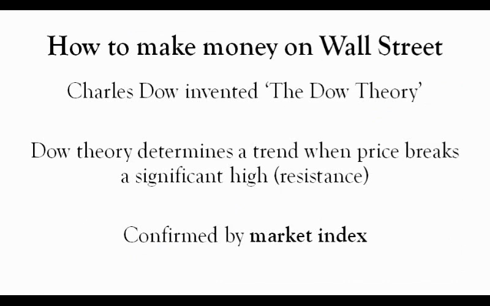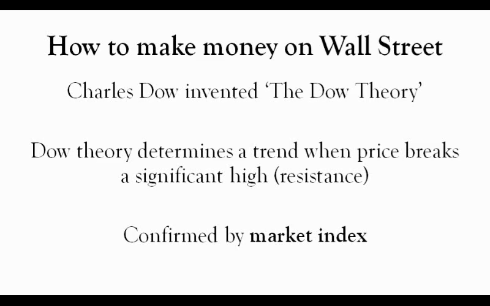This is interesting in the sense that Charles Dow is the inventor of the Dow theory, and he's also the captain of Wall Street. He's the one who founded the Wall Street Journal. He has the Dow theory that determines a trend when price breaks a significant high resistance.